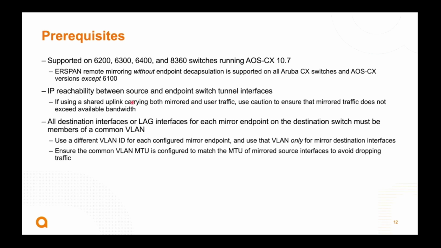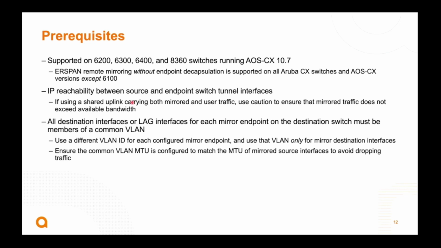Yeah, Matt? Yes. There are a couple questions here about what happens with remote mirroring in the endpoint if the source is an AOS switch. That does not work. So the only encapsulation that we support in AOS-CX 10.7 is ER-span, which is what CX uses for remote mirroring.